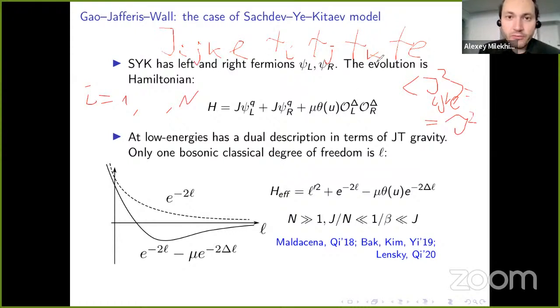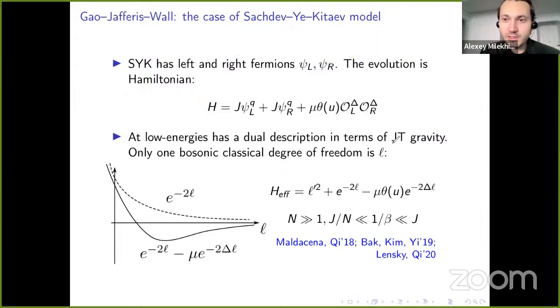Instead of 4 Majorana fermions, you can study Q, any even number Q. And here I also have a left system and a right system. If you want, you can use the Jordan-Wigner transformation and map Majorana fermions to spins, and then you just have a super non-local interaction between spins. So this is the SYK model.